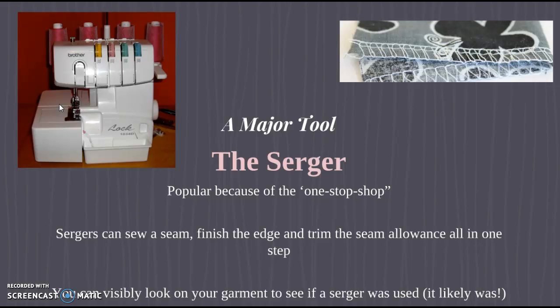If you look inside a piece of your clothing, you'll see how much is serged. Serging looks like this. It's not just a seam, it's also like this. You can easily look at the bottom of your jeans or look on a t-shirt and see what is serged. The serger finishes the end and makes sure that it doesn't fray and stays nice.